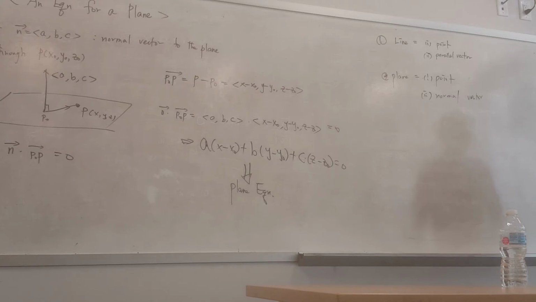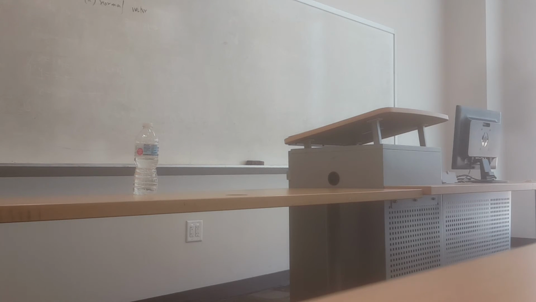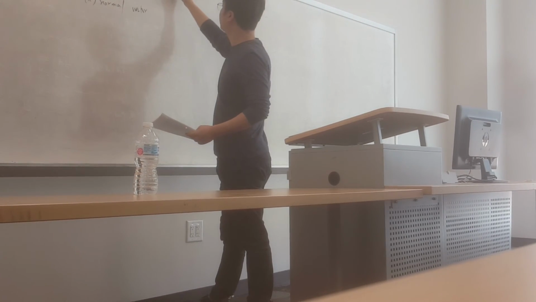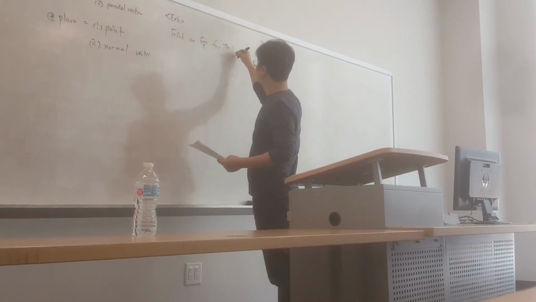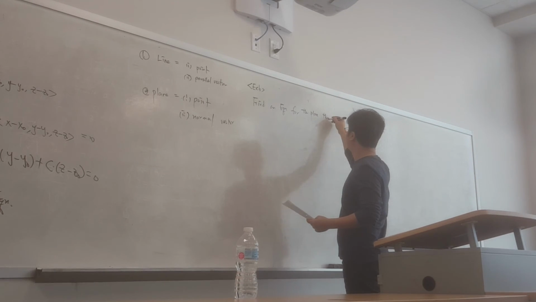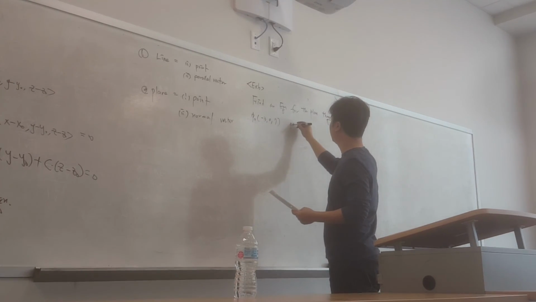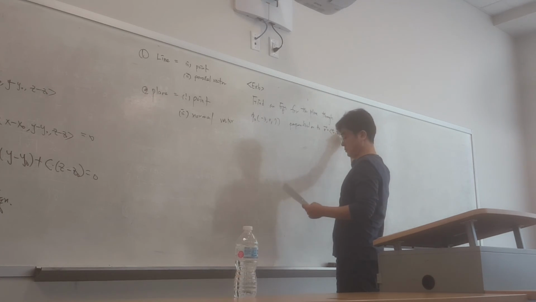Example number 6. Find an equation of the plane through the point P dot on the plane, -3, 0, 7, and perpendicular vector, the normal vector, given by 5, 2, -1.